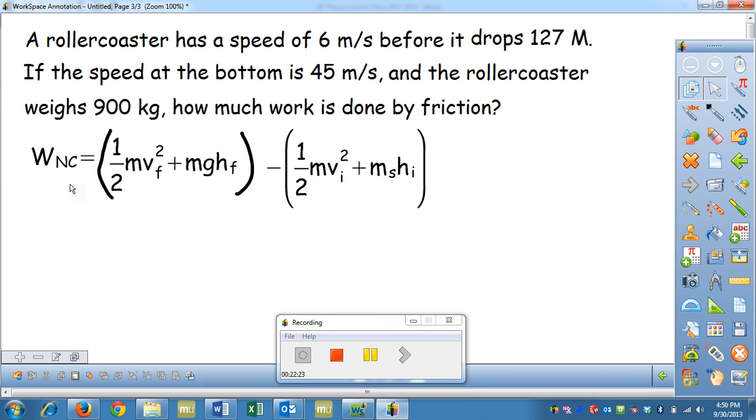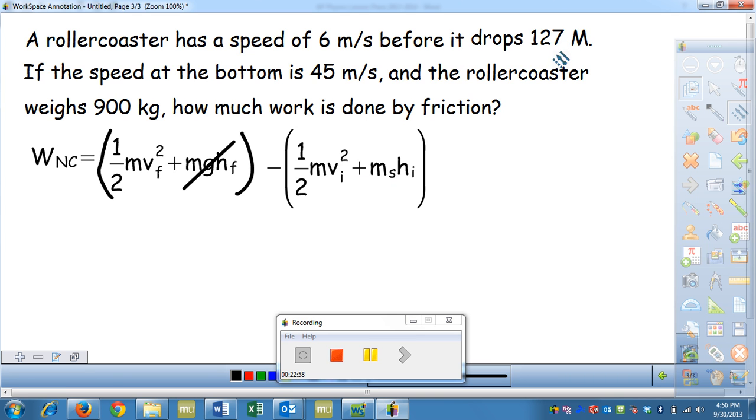So we're trying to find work done by friction. That's the work done by non-conservative forces. Okay, we've got m is 900, v final is 45 meters per second, h final is 0 because it's landing at the bottom, right? We've got a v initial of 6 meters per second, and h initial is 127 meters.